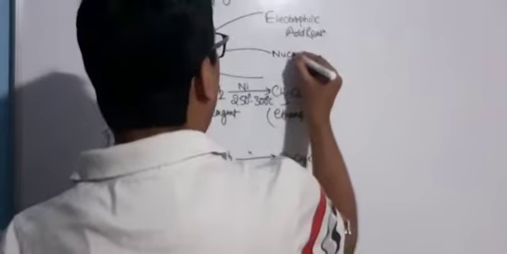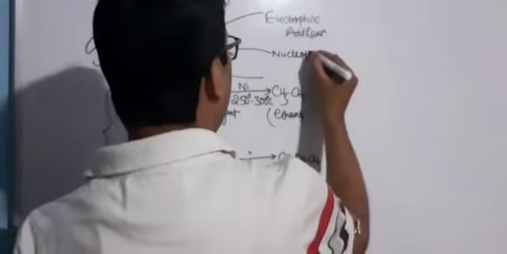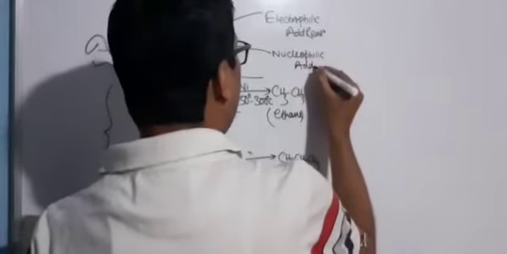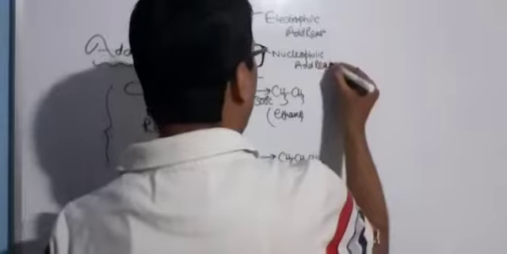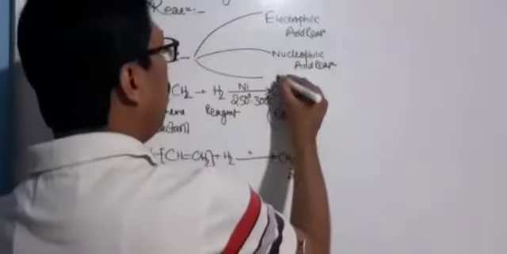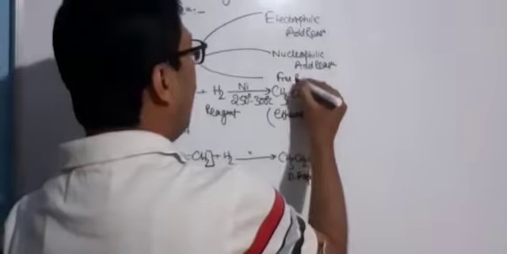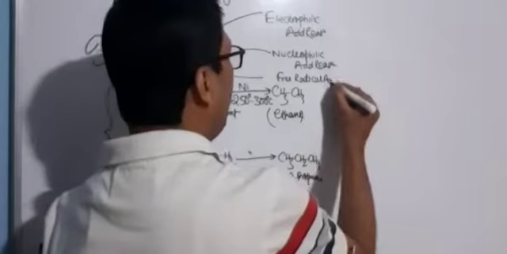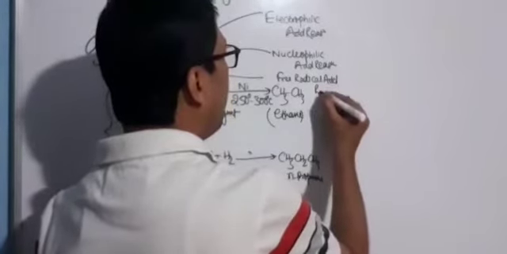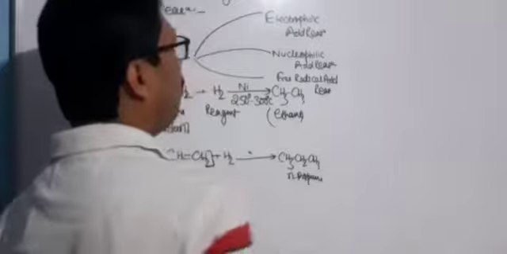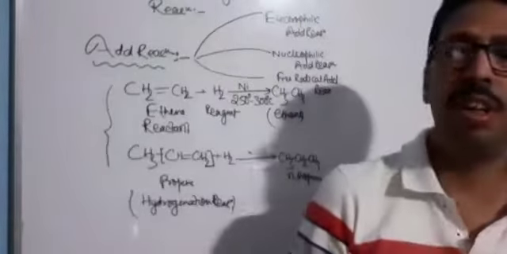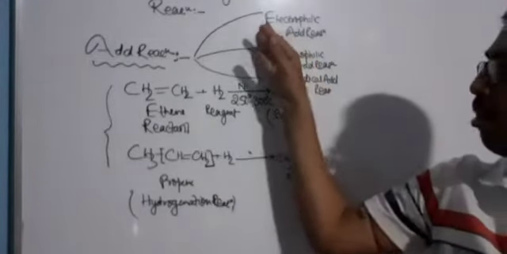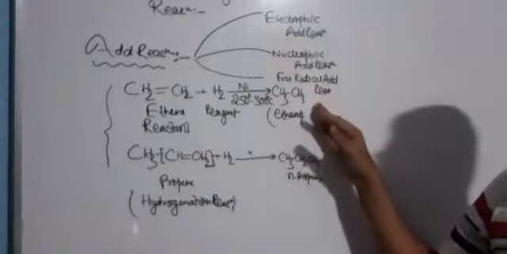Second is nucleophilic addition reaction. And third one is free radical addition reaction. So addition reactions are classified into three main categories, which are electrophilic addition, nucleophilic addition, and free radical addition.